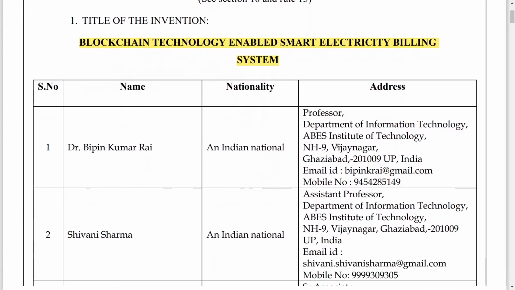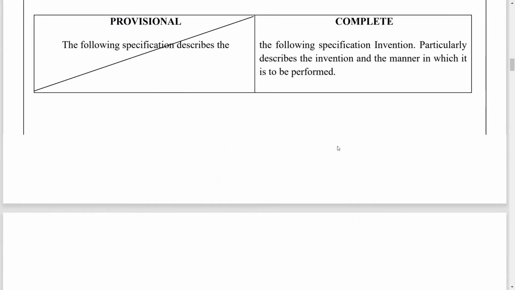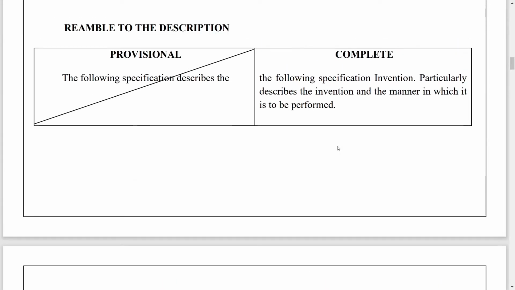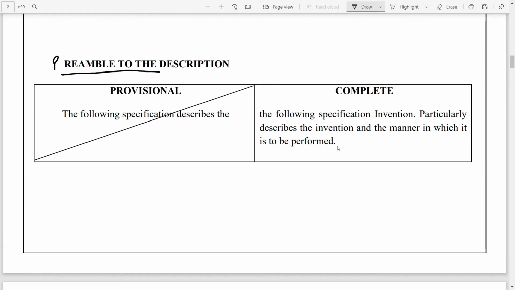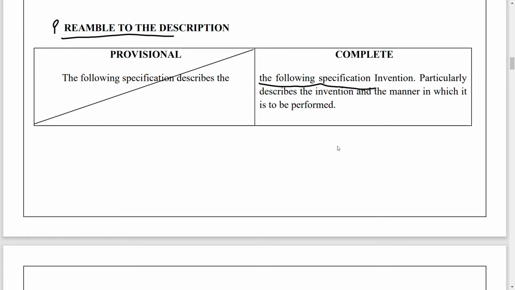Following this, there are applicant details. And this is preamble to the application. Here it writes, the following specification invention particularly describes the manner in which the invention is to be performed.